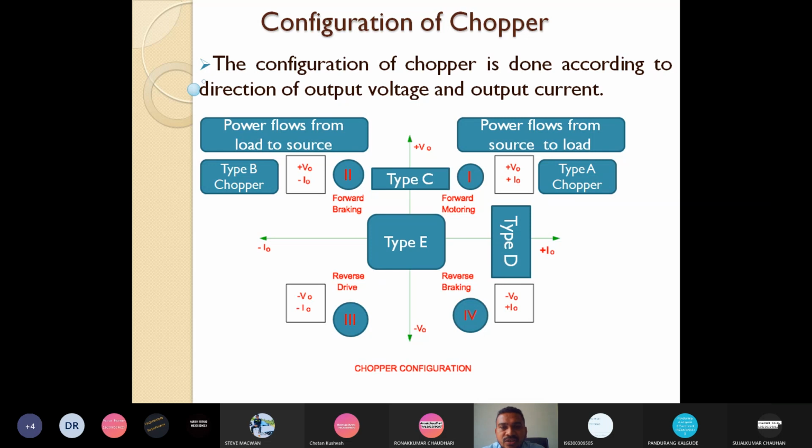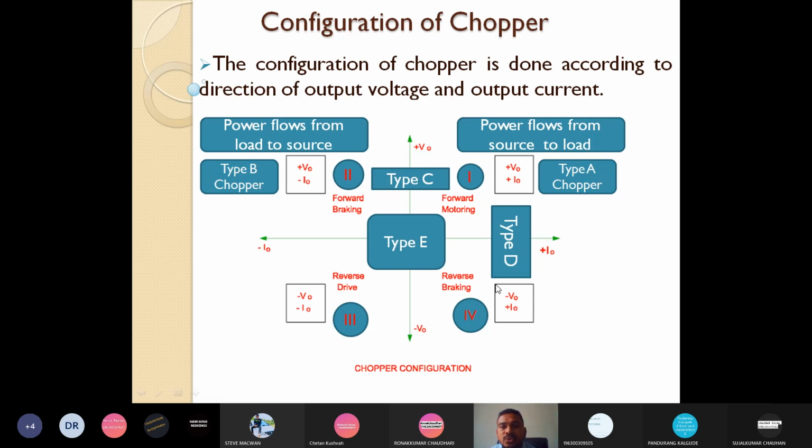So according to the direction of output voltage and output current, the chopper is configured, and it is known as the first quadrant chopper, two quadrant chopper, or four quadrant chopper. Type A chopper is the first quadrant chopper, type B chopper is the second quadrant chopper, and type C chopper is known as the two quadrant chopper. It operates in first and second quadrant, and it is the combination of type A and type B chopper.